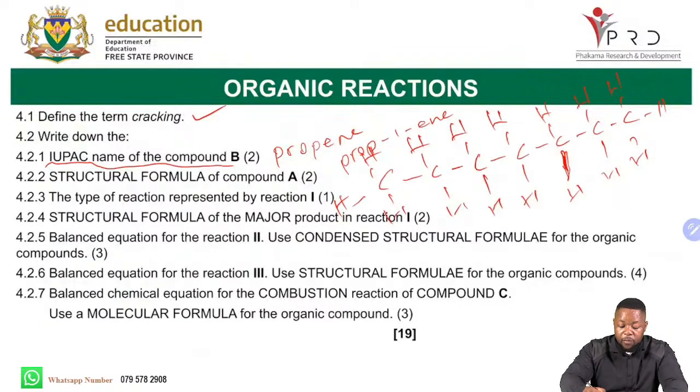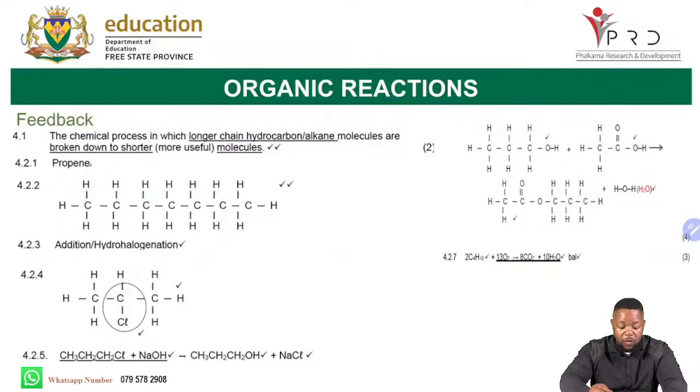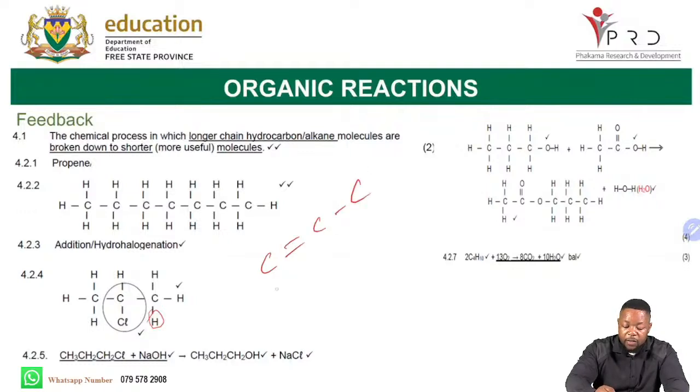Remember, we have prop-1-ene there. Let me just go straight to the solutions. From prop-1-ene, remember that the hydrogen must be attached. Remember the structure here, prop-1-ene, propene in other words, has the following structure. So this is the structure of propene.